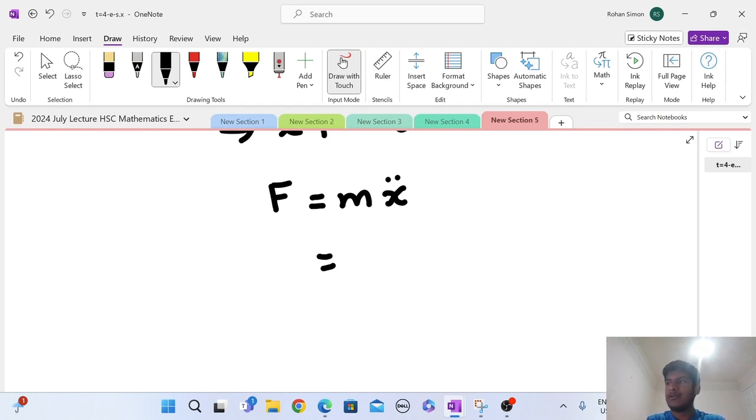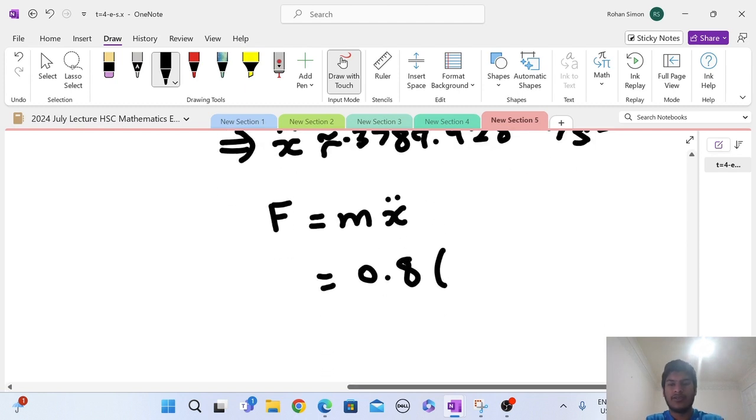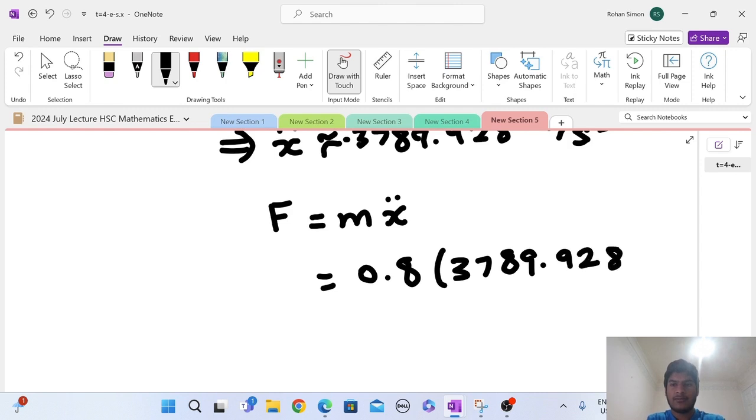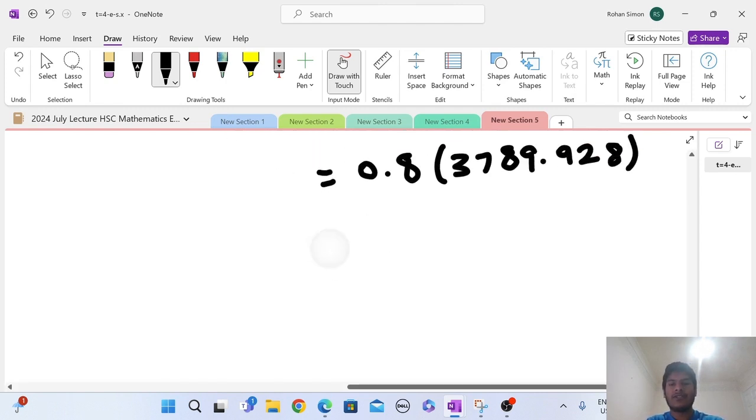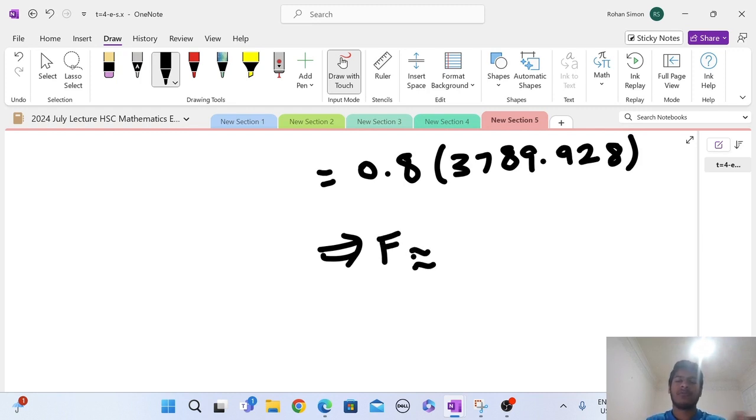So we get 0.8 kilograms, the mass of the piston, times the acceleration, 3789.928. So our force is approximately 0.8 times 3789.928, which is 3031.942 newtons.